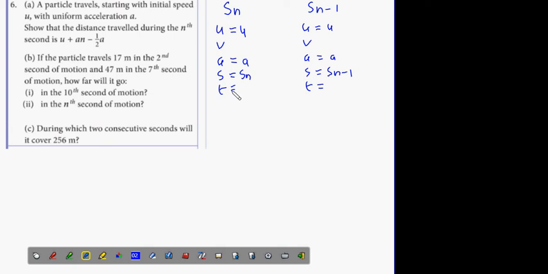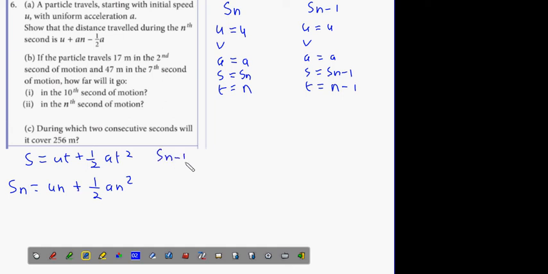Now, time. What's the time for this one? n seconds. The time for this one? n minus 1 seconds. Let's find out both distances using ut plus a half at squared. So, S of n is going to be un plus a half an squared.